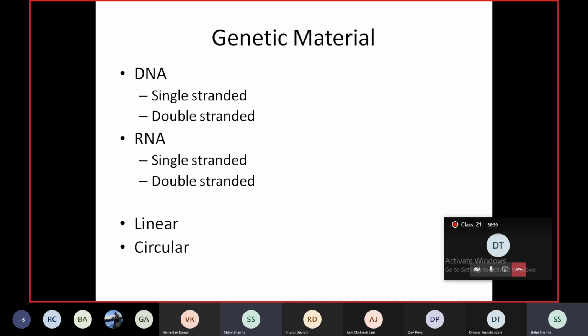In addition to this, there are some viruses which have modified bases present in the genetic material. So, for example, there could be uracil in the place of thymine in DNA. Then there are certain variations like C, A, and G in the DNA could be methylated. So the cytosine can be methylated to 5-hydroxymethyl-cytosine.